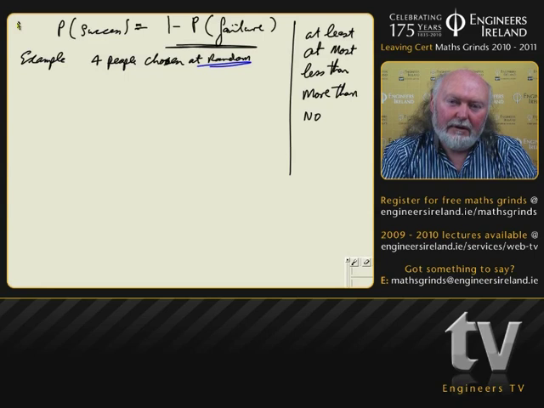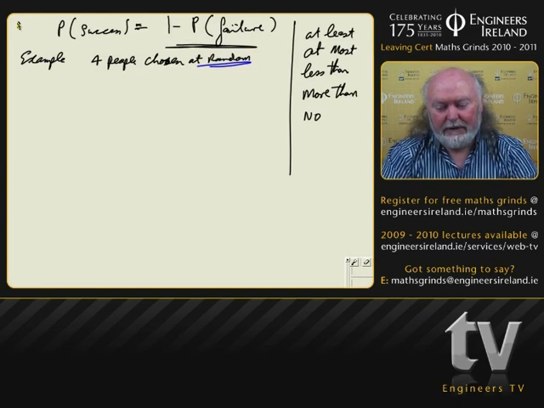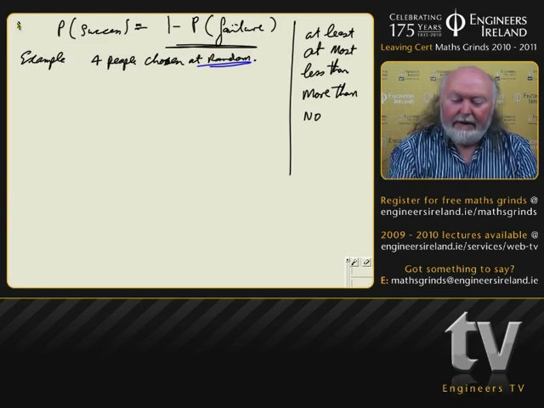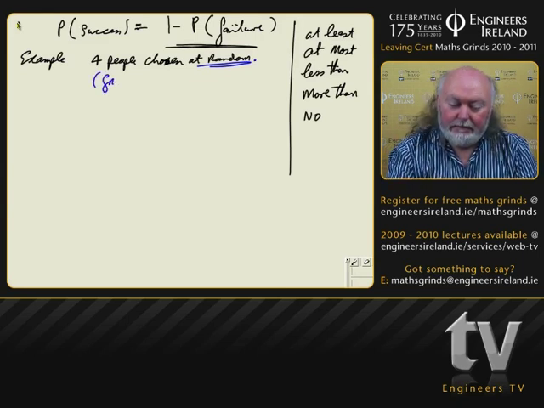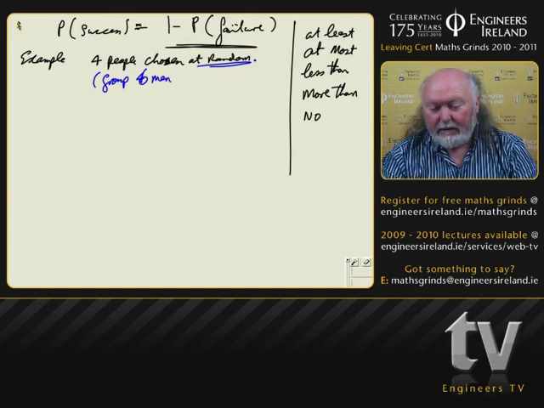In other words, just because one is chosen, that's not going to in any way interfere with the choices of the others. Purely random. And chosen from a group, 6 men and 8 women.